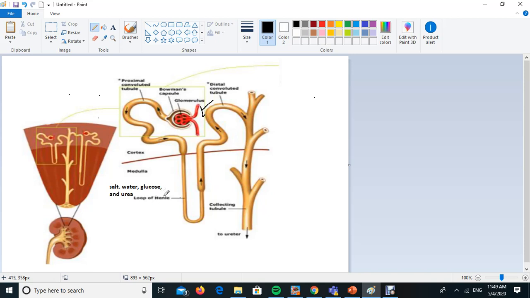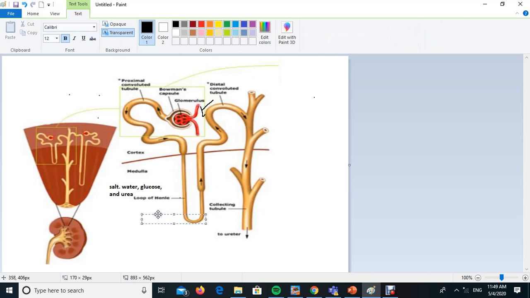So here, what goes back? Here we have reabsorption. As we said, most reabsorption takes place in the loop of Henle. So what gets reabsorbed here? All glucose. All glucose is reabsorbed at the loop of Henle. What else? Some salts. What else?